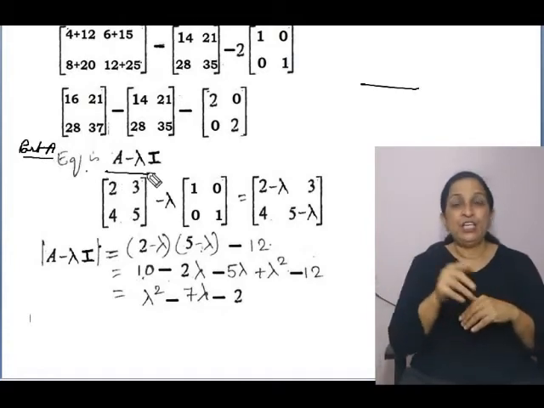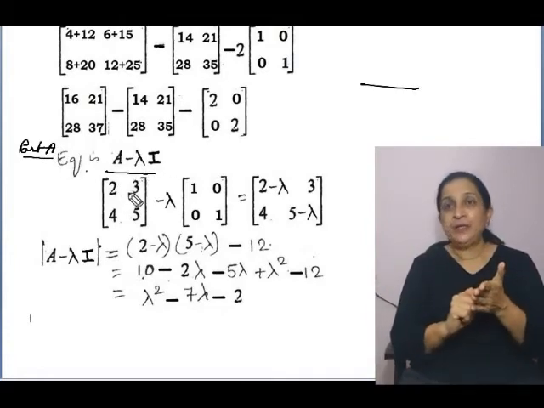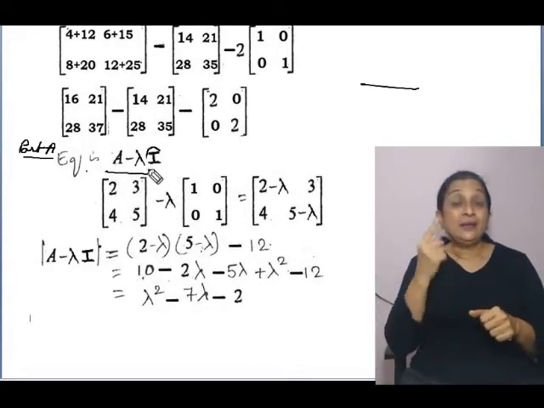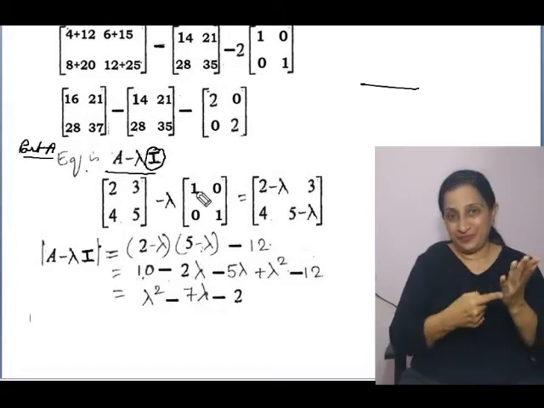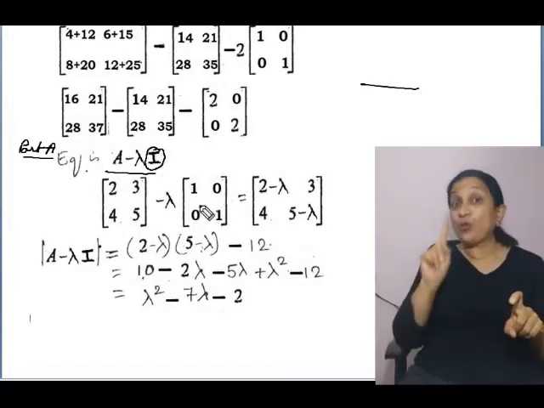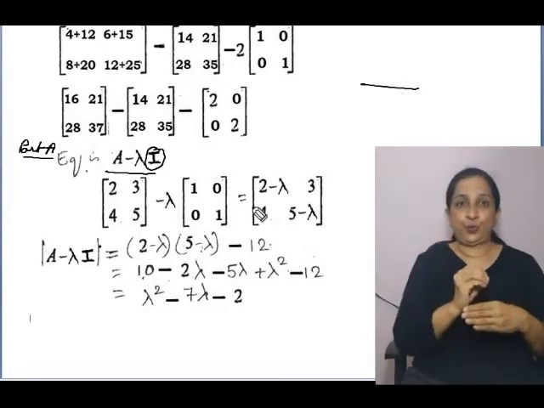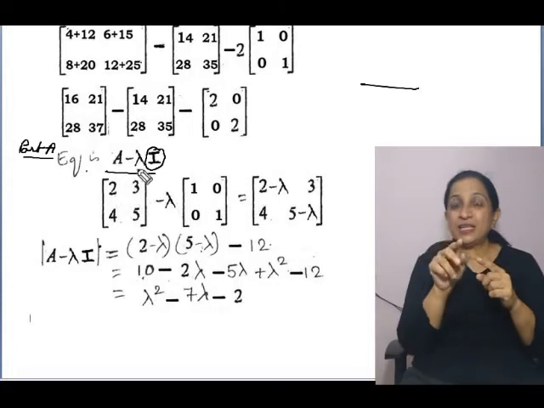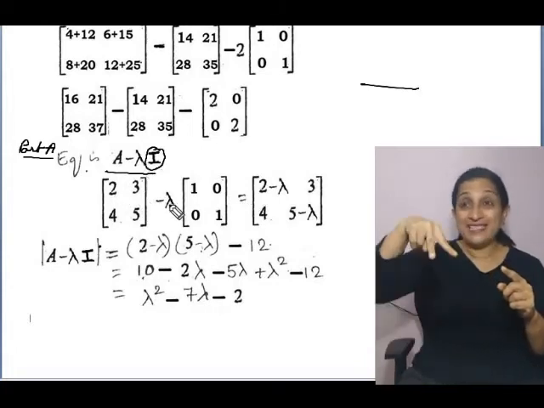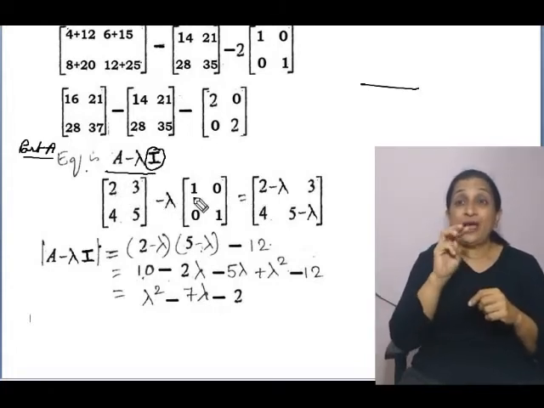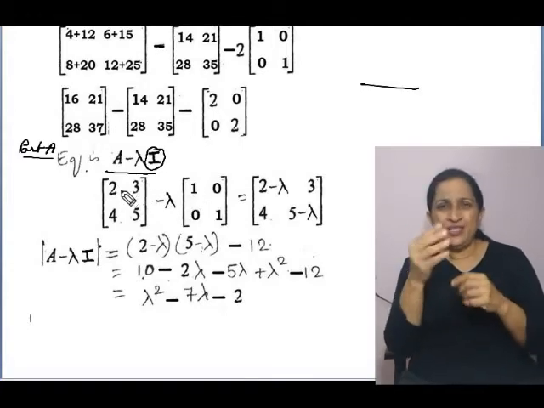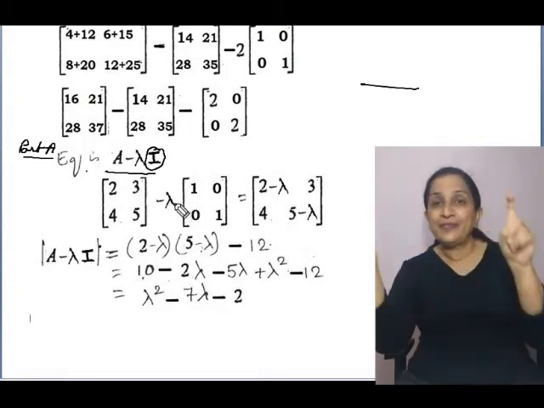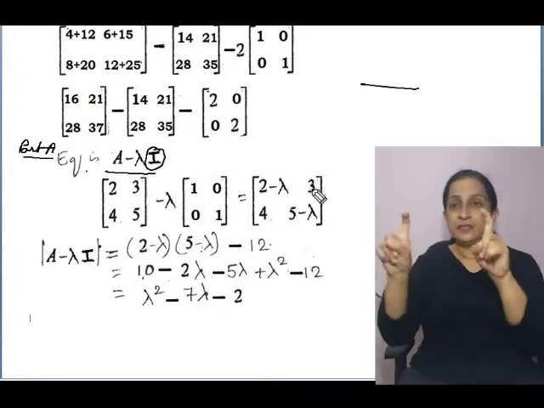You remember this formula A minus lambda I. This is nothing but the given matrix, then minus lambda I, where I is the unit matrix, that is 1 on the diagonal and the rest of the elements 0. A minus lambda I becomes, when you simplify, 2 minus lambda, then 3 minus 0, that is 3.